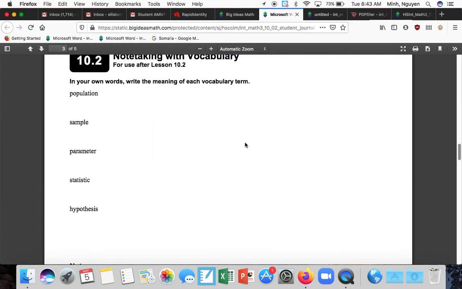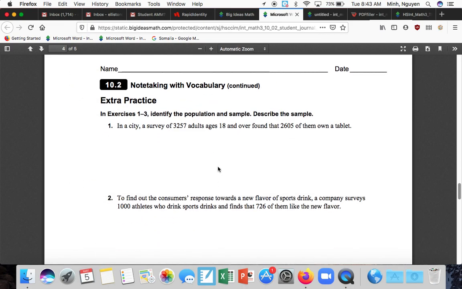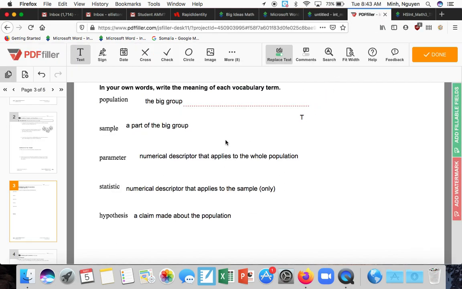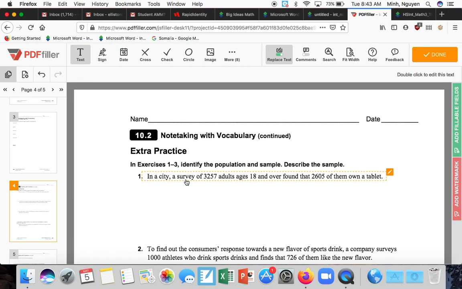So let's go through a couple examples. Identify the population and sample, describe the sample. In a city, a survey of 3,257 adults ages 18 and over found that 2,605 of them own a tablet. So what's the really big group overall?